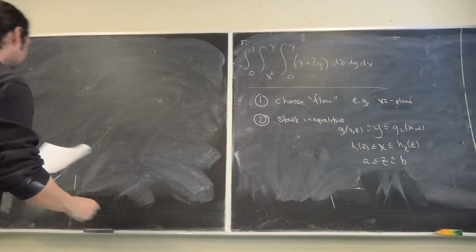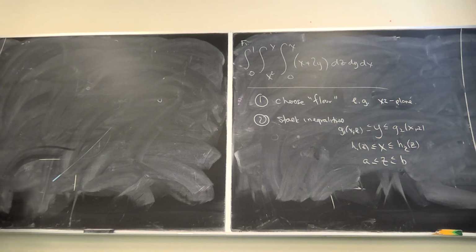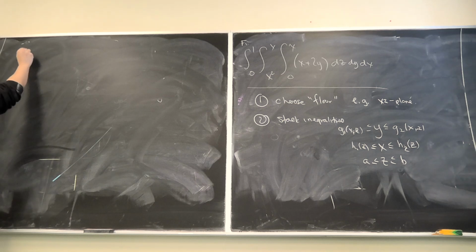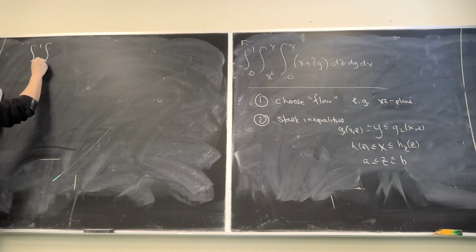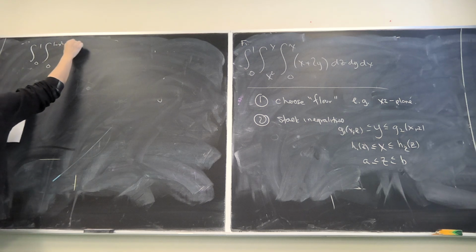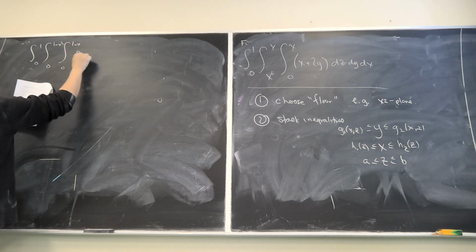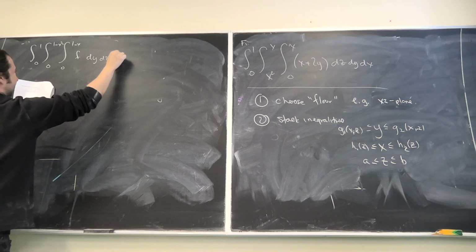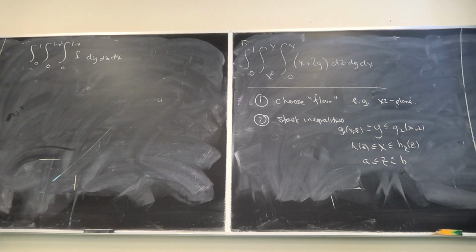Okay. Here is the most annoying exercise you could possibly be given in this, by far. The integral from 0 to 1 of the integral from 0 to 1 minus x squared of the integral from 0 to 1 minus x of f dy dz dx. Here's a traditional exercise. Write that in every other possible order.